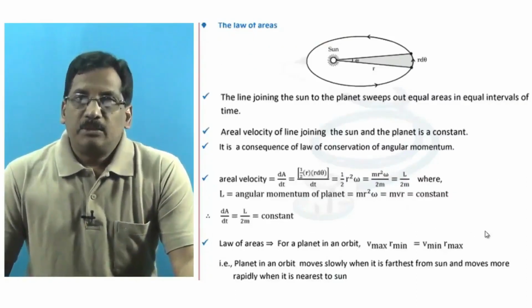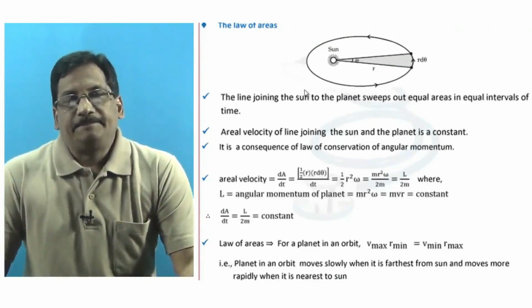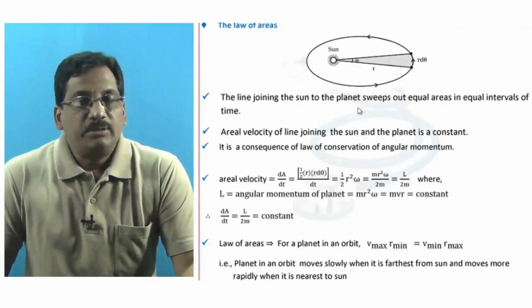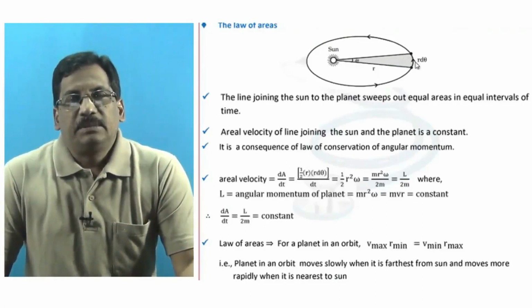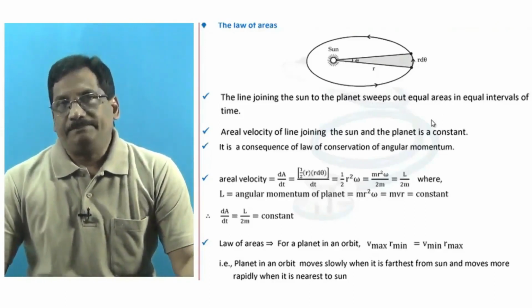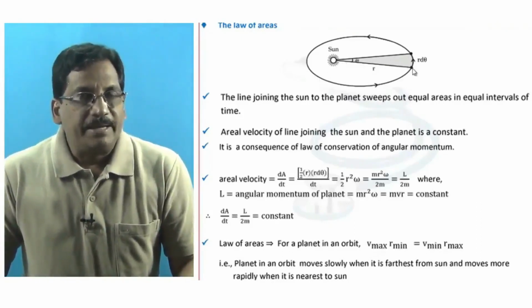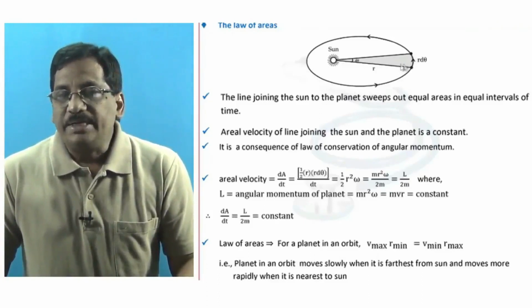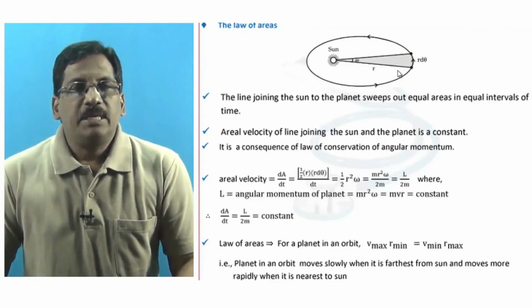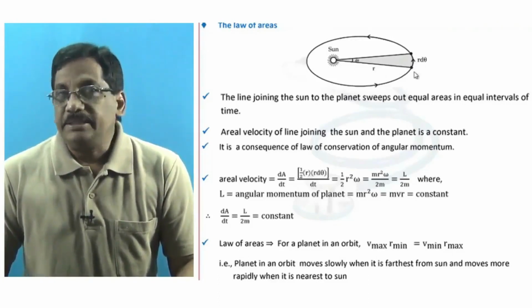Now let's look at the important points under the law of areas. The line joining the sun to the planet sweeps out equal areas in equal intervals of time. That is, the areal velocity of the line joining the sun and the planet is a constant.